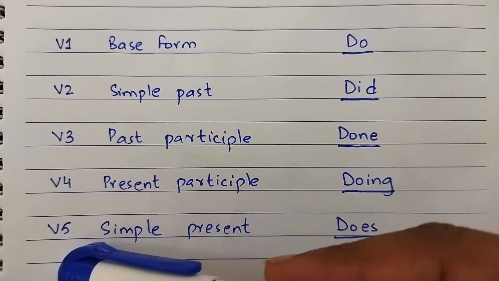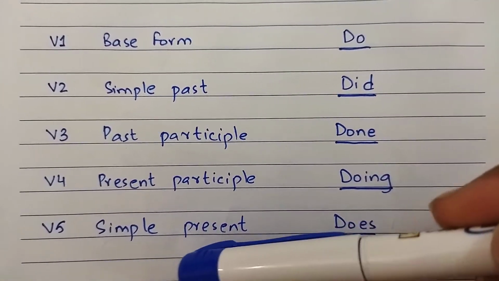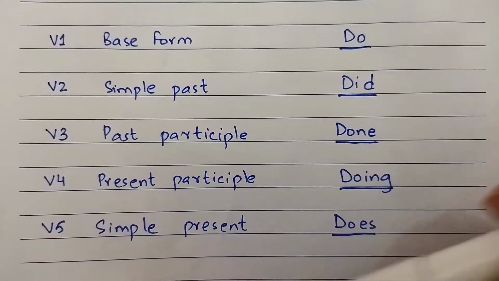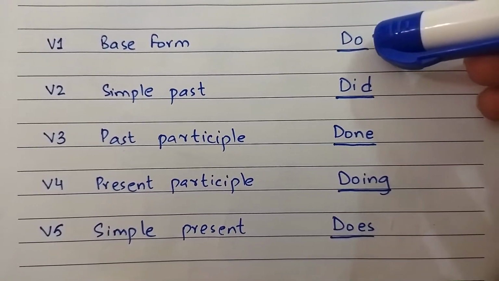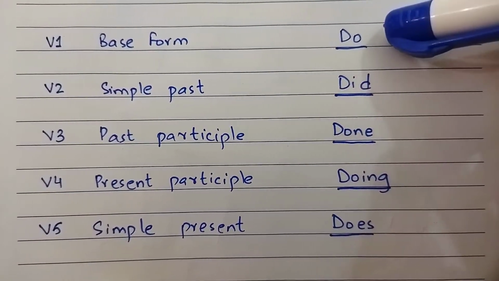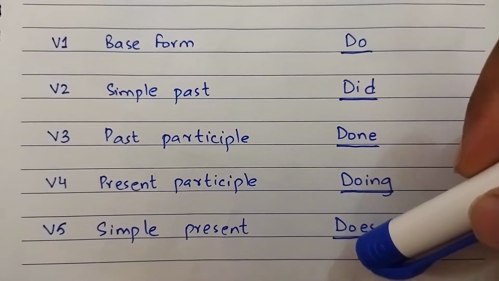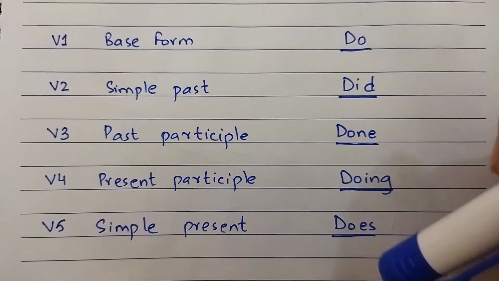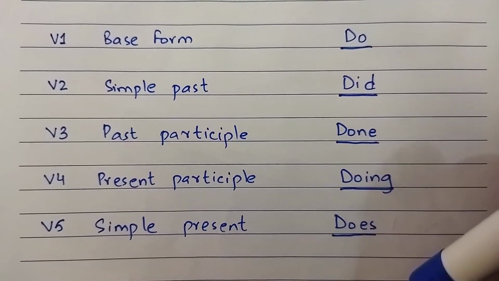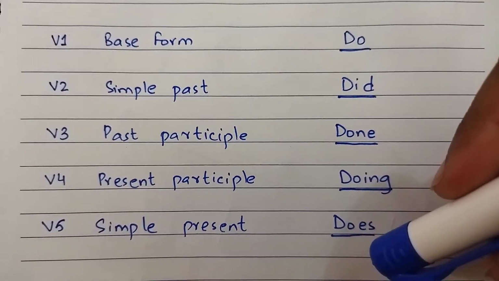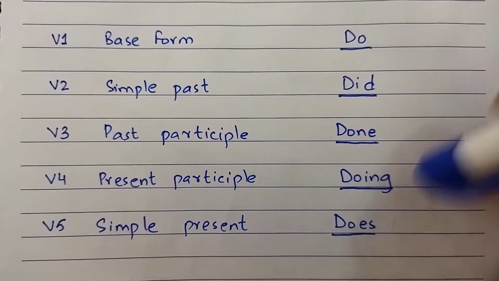Then comes the fifth form of verb, and that is simple present. It is nothing else but, what we need to do is add s or es at the end of the main verb to make the fifth form of verb, that is simple present. Where do we need to use it? When the subject is third person singular, we need to use this form of verb.